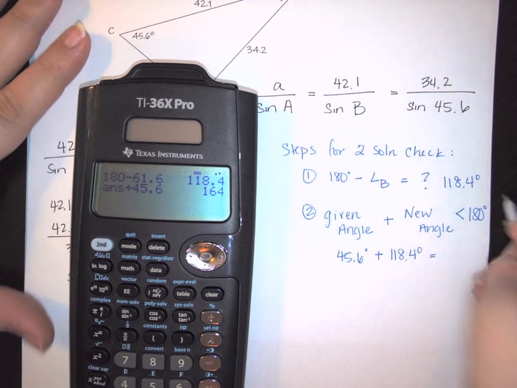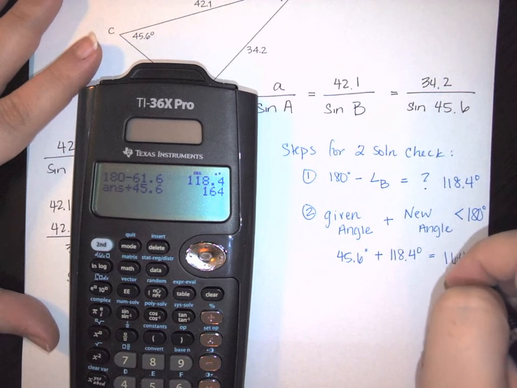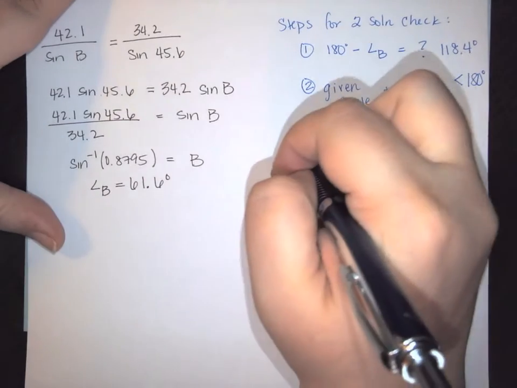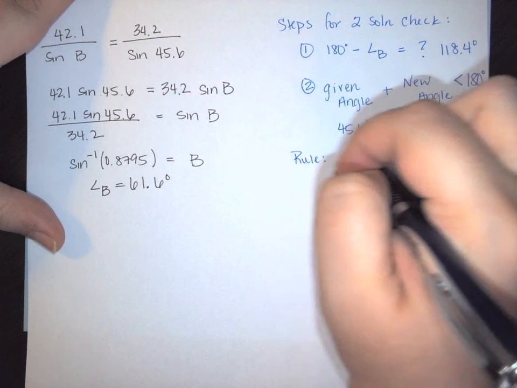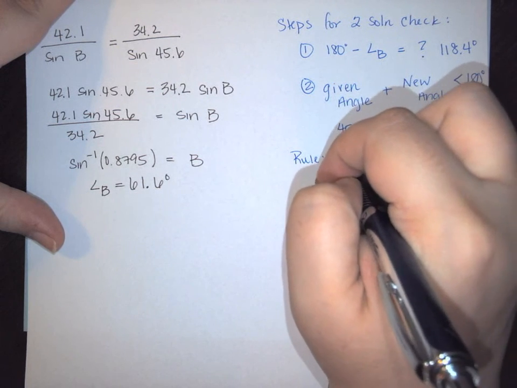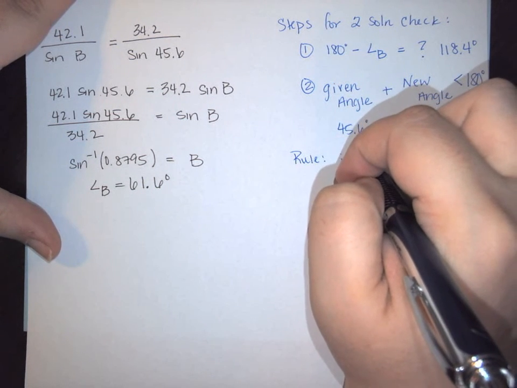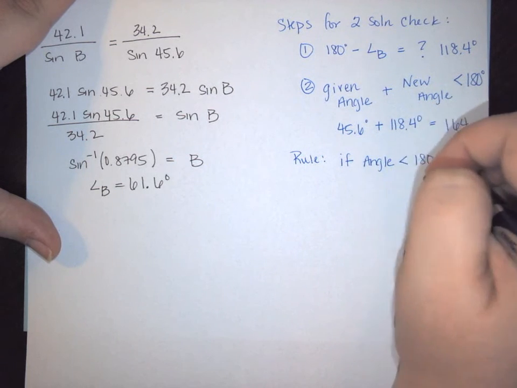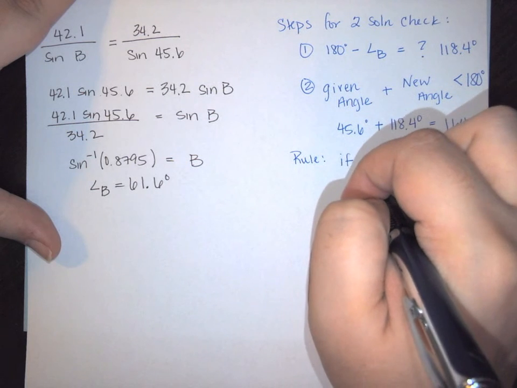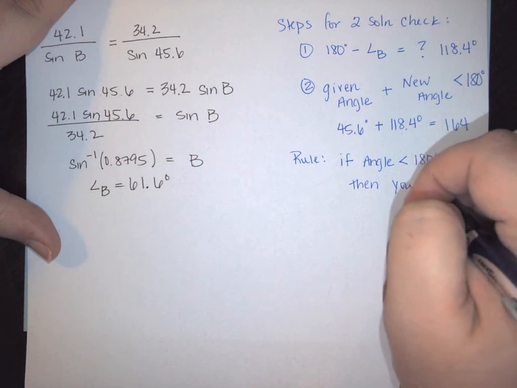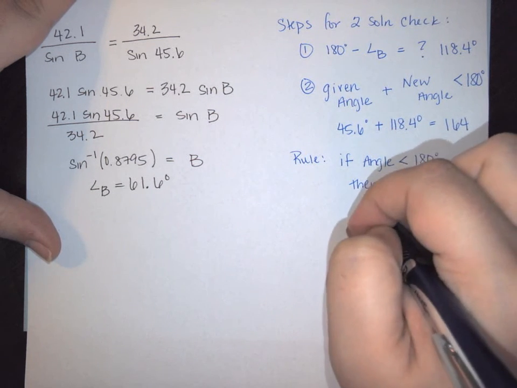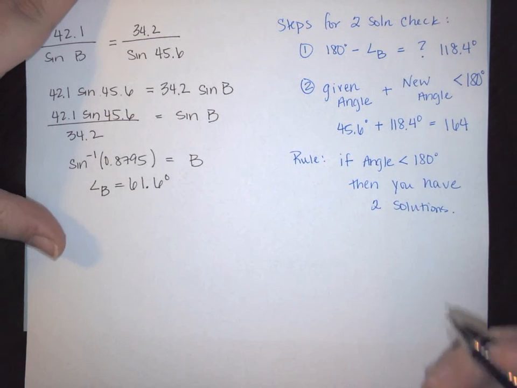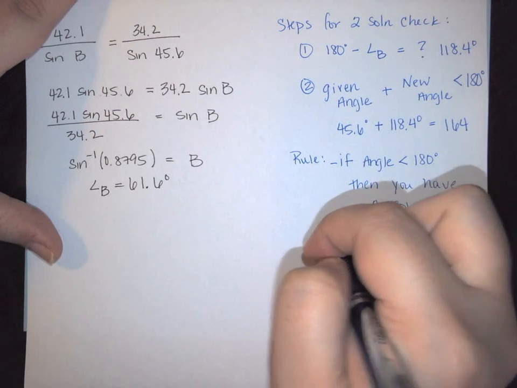If the angle is greater than 180 degrees, then you have either 0 or 1. Okay? So those are the steps that you need to take in order. So for us, we came up with 164 degrees. This 164 is less than 180. Therefore, we have a second solution, and the 118 would be that second triangle.